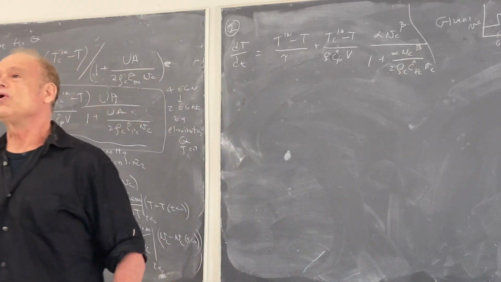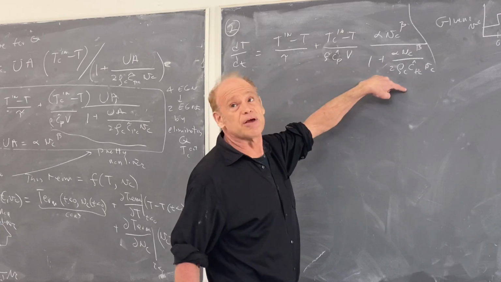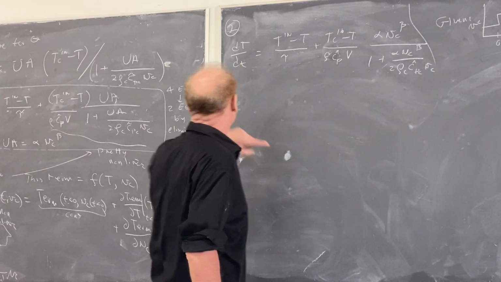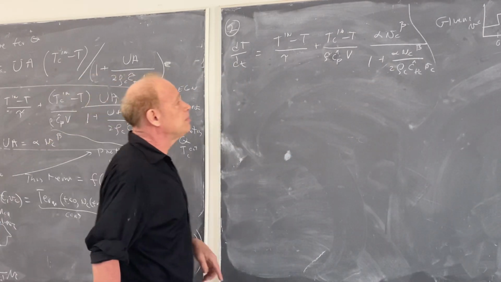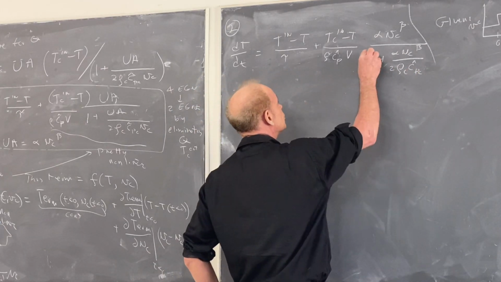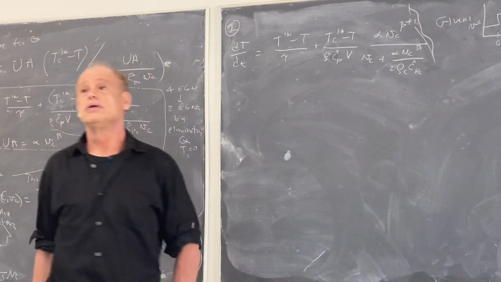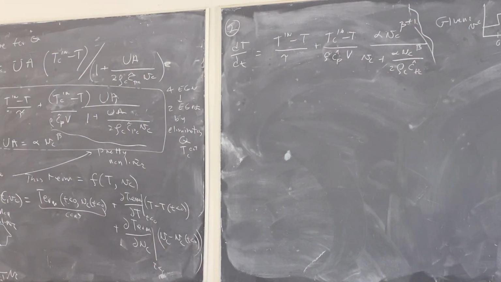Now, I don't want Vc in the denominator of the denominator, so I'm going to multiply top and bottom by Vc. So all I did is I plugged this in, and I'm going to multiply top and bottom by Vc. And if I do that, this disappears, this turns into a Vc, and here I get a beta plus 1. So I just multiply top and bottom by Vc.